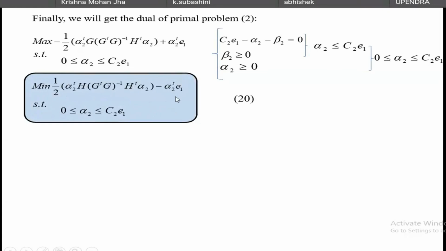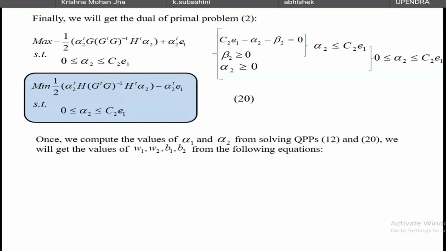Once you know alpha 1, you can compute it by equation number 12, and alpha 2 you can compute by equation number 20. Our aim is how we can solve this quadratic problem, so for that we are using the MATLAB toolbox. How we can apply those things we will discuss.